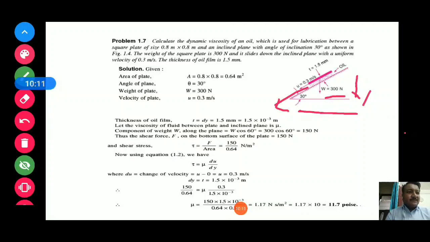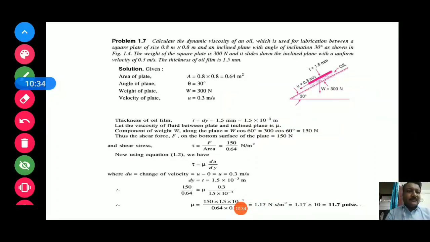Thickness of oil film is 1.5 mm, and the area of the square plate is 0.8 into 0.8, that is 0.64 meter square.